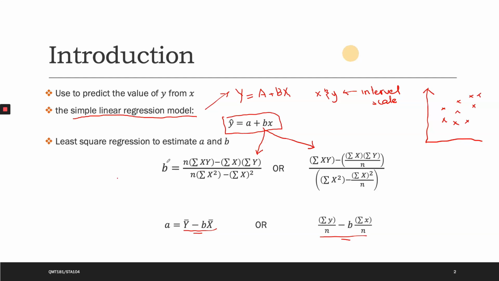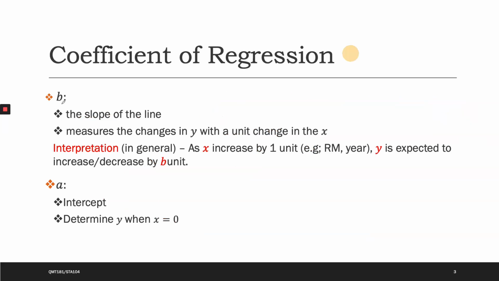These two, b and a, are known as the coefficients of regression. The b value gives the slope of the line, while the a value represents the intercept.